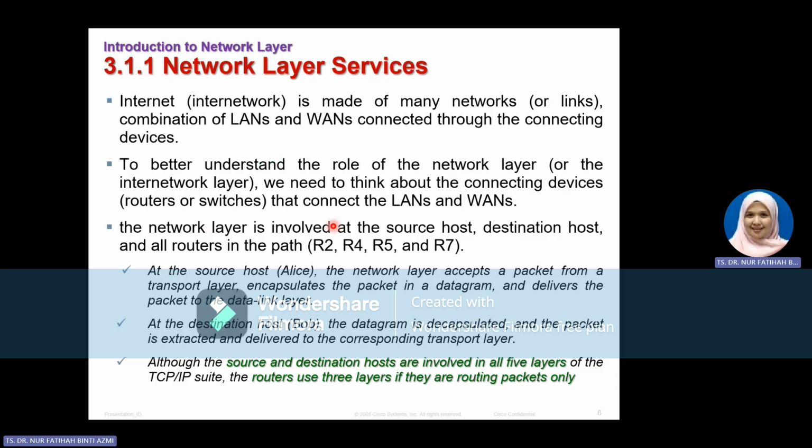Alice's data is passed from the transport layer into the IP datagram and then sent to the data link layer.